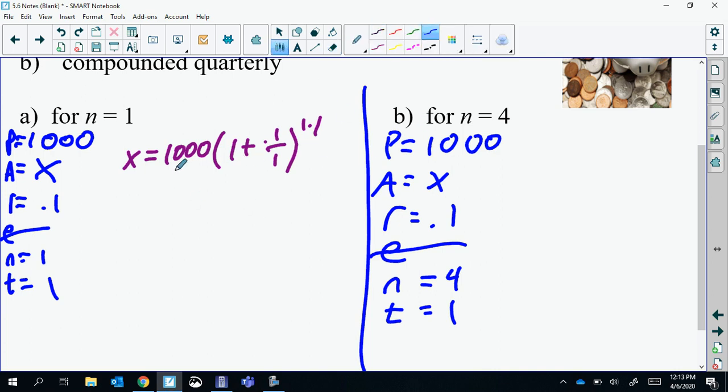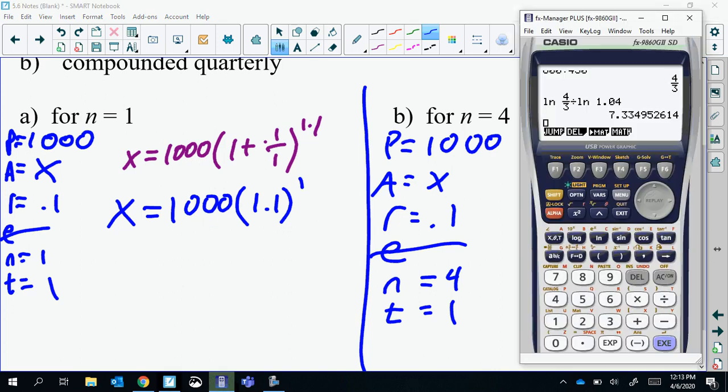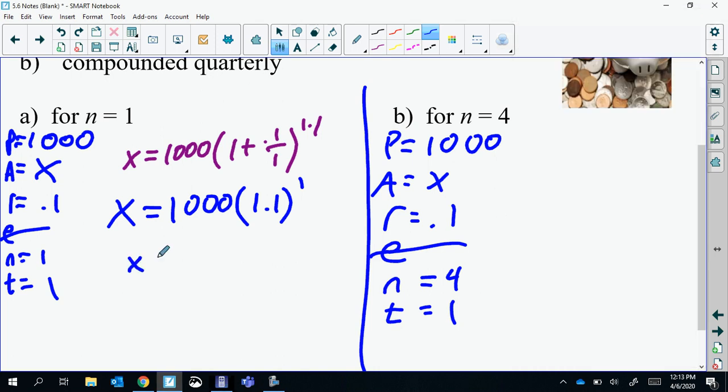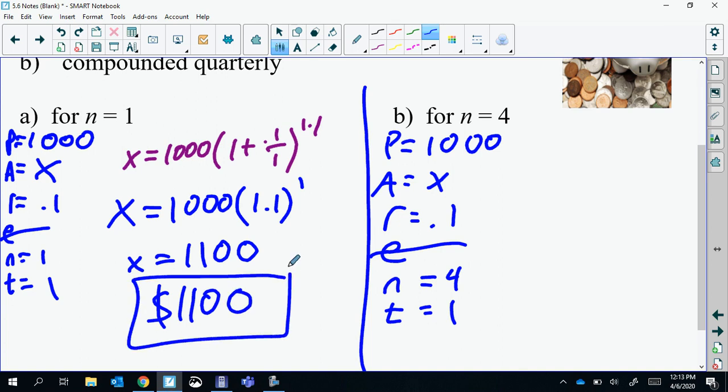So this, we just have to work out. There's no need for a logarithm or anything like that. This is 1,000 times 1.1 to the first power. So that's 1,000 times 1.1. It's 1,100. That was A, so that's money. $1,100.